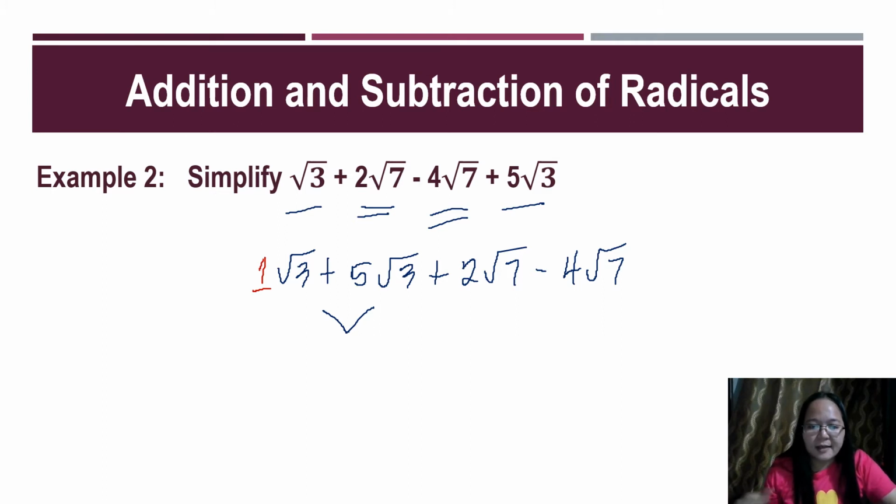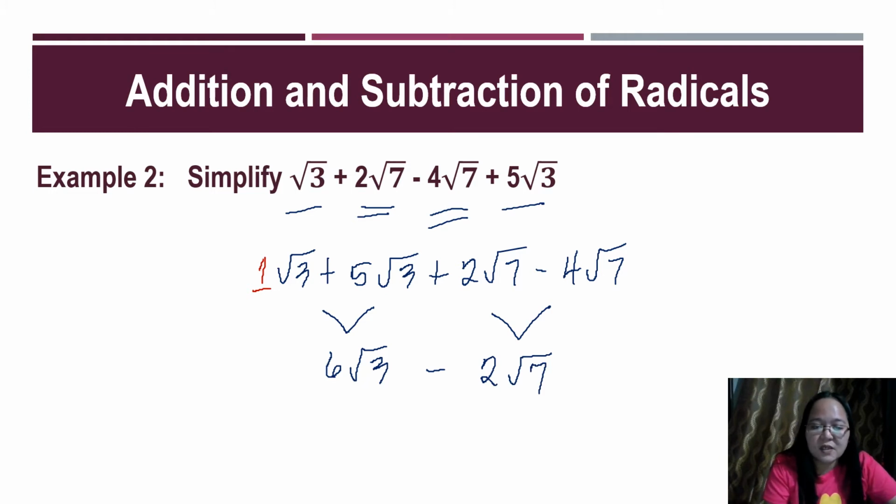So if we add the first and second term, the sum will be 1 plus 5 is 6 square root of 3. And then, combining 2 square root of 7 and negative 4 square root of 7, that will give us negative 2 square root of 7.